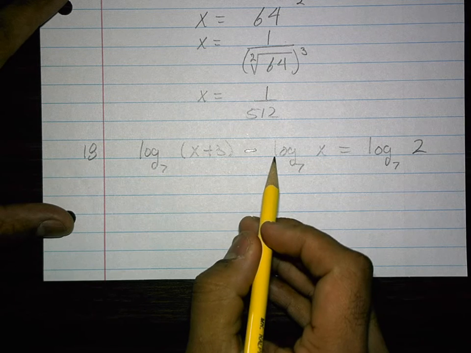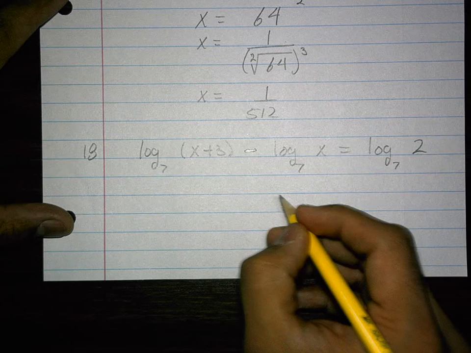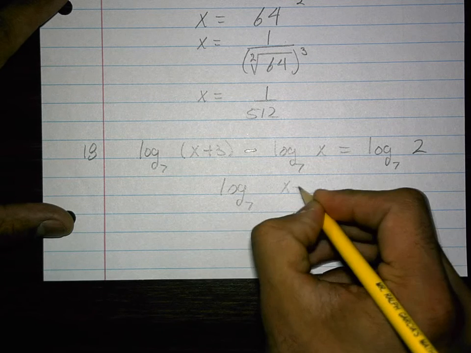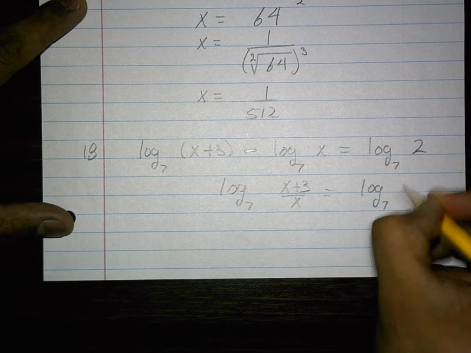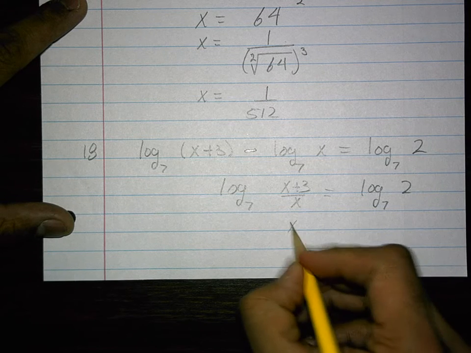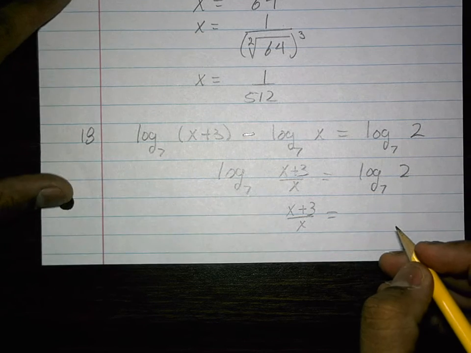So I don't have that here because I got 2 logs. So I'm going to go ahead and use the quotient rule here, quotient property, sorry. So this gives me log base 7 of x plus 3 all over x equals log base 7 of 2. So now that I have the single log, these have to be equal to each other. And a lot of people get confused on this particular question here.